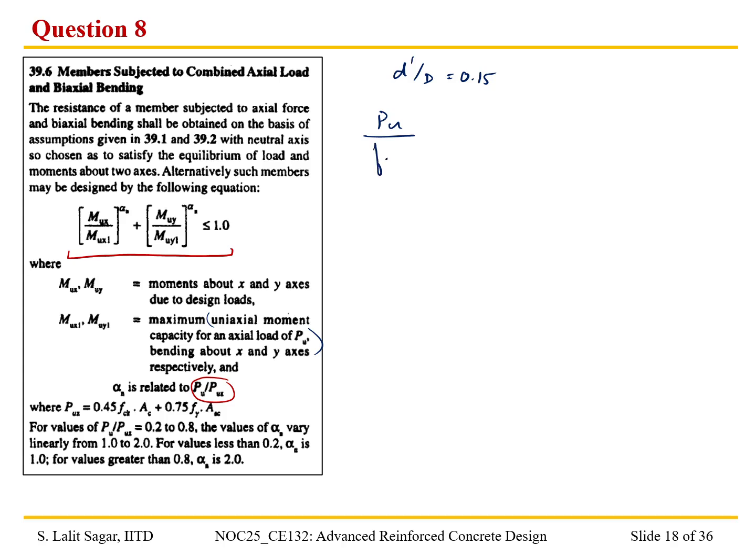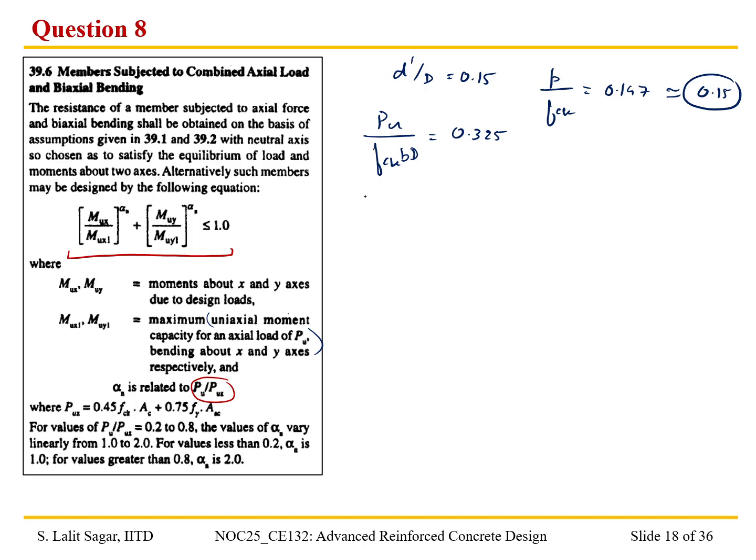Then we have Pu by fck BD, that is 0.325, right? And we have p by fck, that is the provided area of the steel reinforcement divided by fck, that is 0.147, which can be taken as almost 0.15. Okay, now we have this.